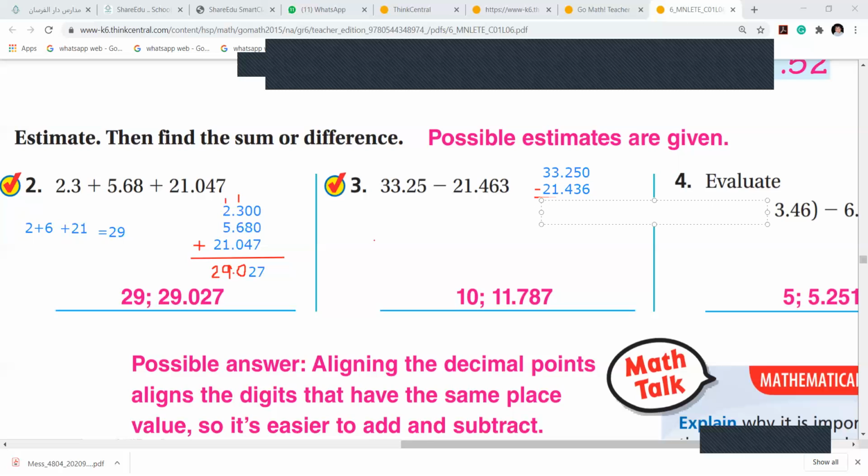I get 4. And this is 4 minus 3, 1. And then 12. This will be 8.